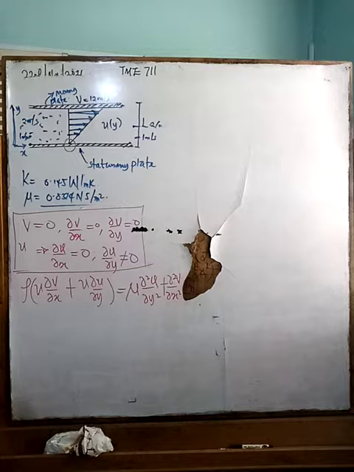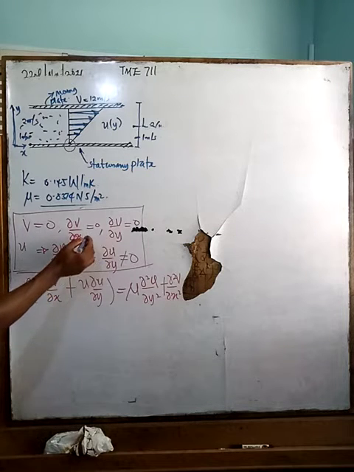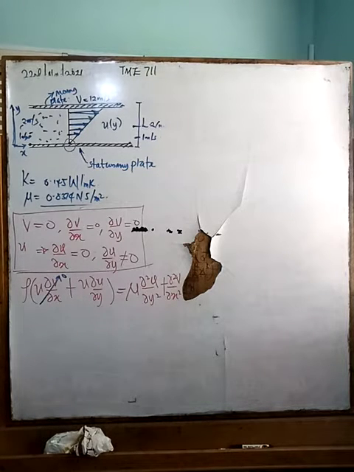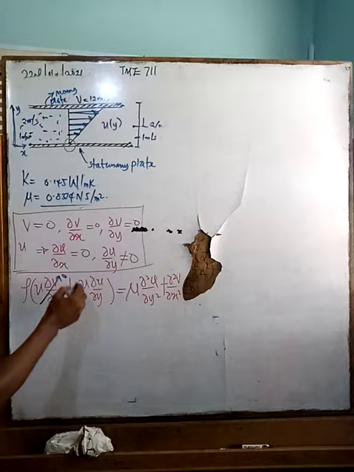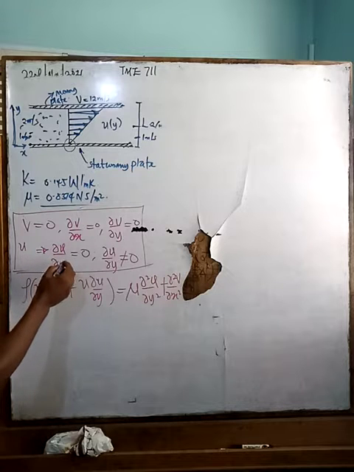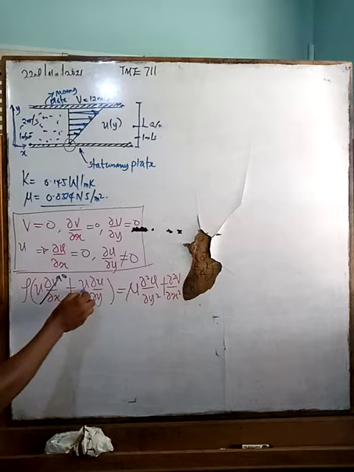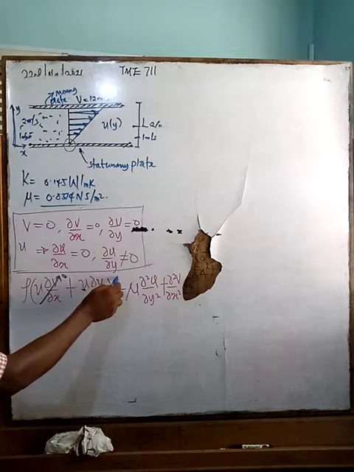Now, from what we have gotten so far, what's our partial v over partial x? 0. We have a function for u, so that is not 0, but what's partial u over partial y?